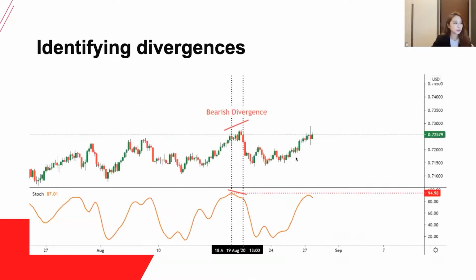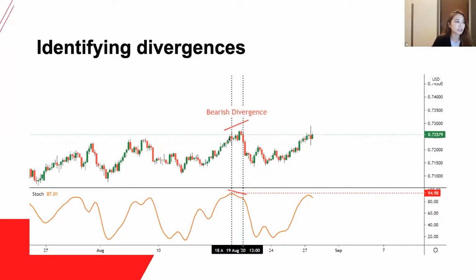So we can also see in this case how stochastic can identify divergence, right? In the first few slides, we did mention that stochastic is looking at pricing momentum. You can see that in this case, it did reach the peak beforehand. However, there was a slight increase in the price point.